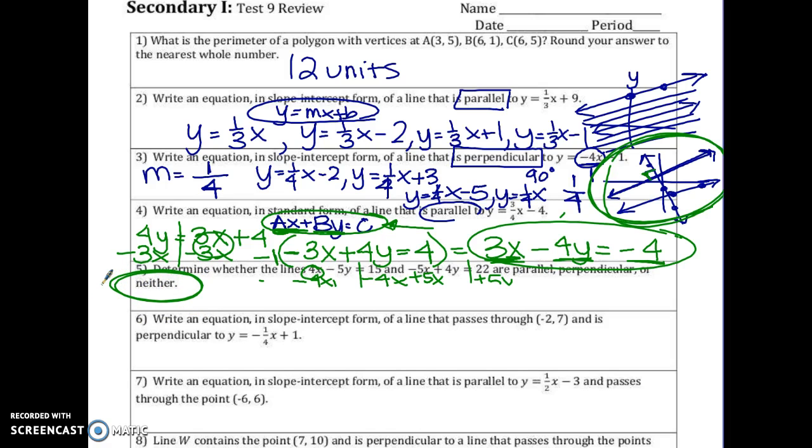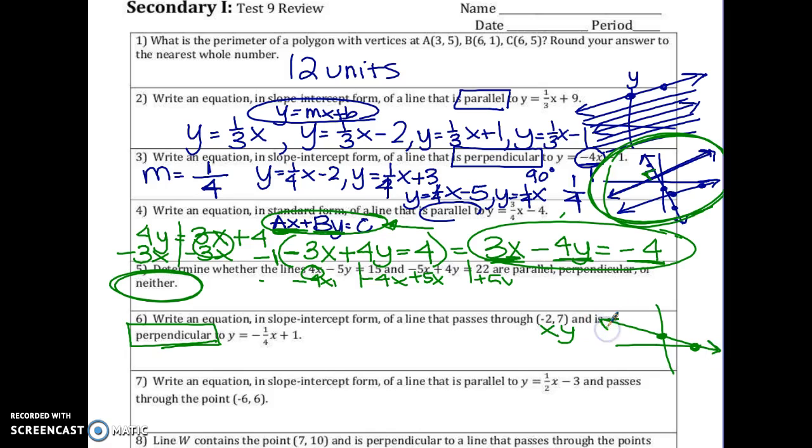Number 6, write an equation in slope-intercept form of a line that passes through negative 2, 7 and is perpendicular to y equals negative 1/4 x plus 1. I like to highlight that word so I remember. And it passes through that point right there. Remember, perpendicular, so for this, if I want perpendicular, I'd go through 1, I'd go down 1/4, and it looks something like that.